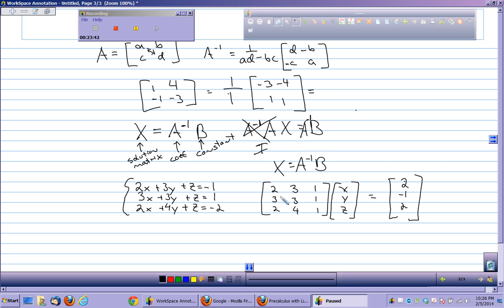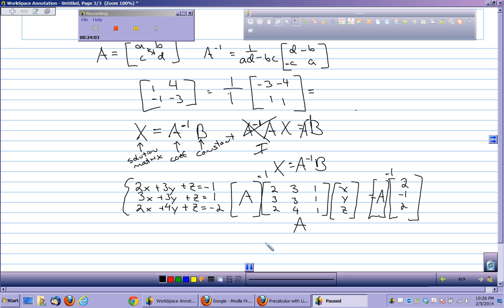Alright, so now to get rid of this, I'm going to multiply this by the inverse. If we call this matrix A, I'm going to multiply this by A inverse, which is whatever the inverse of that is, and then we'll make that disappear, and I get x, y, z, and I have to multiply this. That's a 3 by 3, even though it doesn't look like it, by the inverse of that.